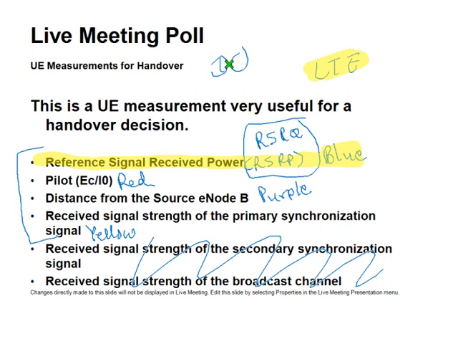Okay, how does the system handle, let's say, one UE on the border between two eNodeBs with the same measurements?